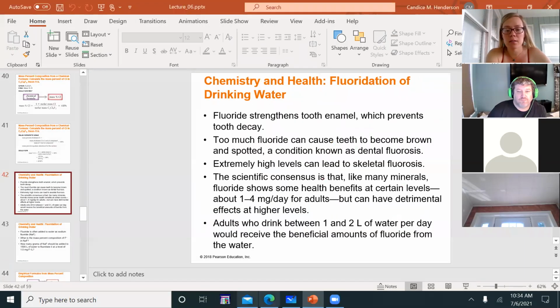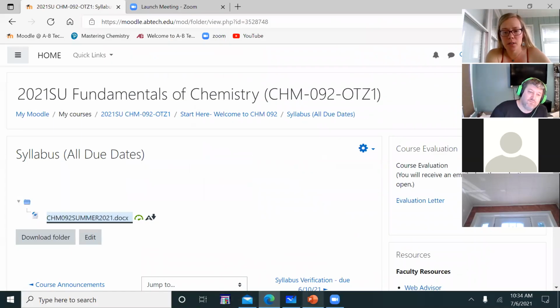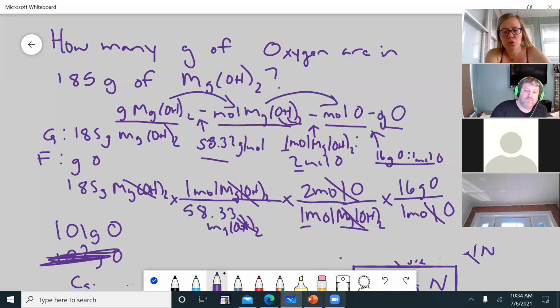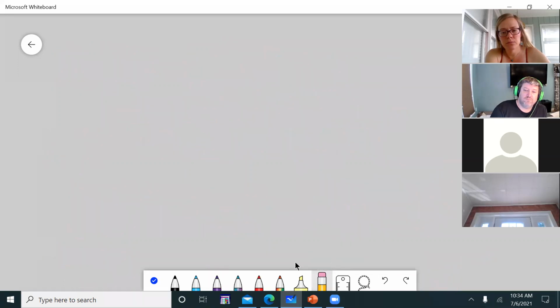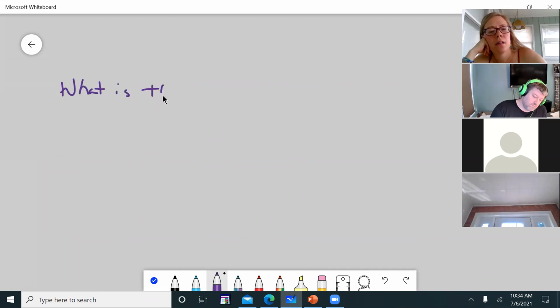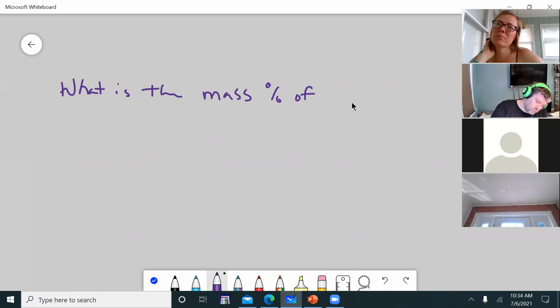So let's do a couple of these. We'll do one together and then I'll have you guys do one. So we're going to clear all this out. What is the mass percent of oxygen in calcium phosphate?